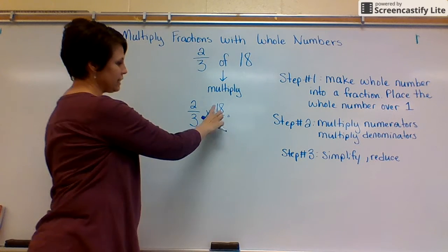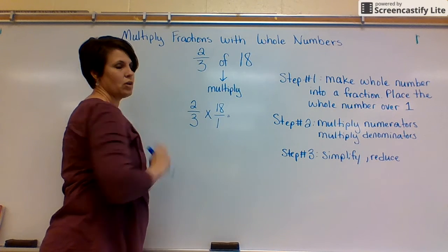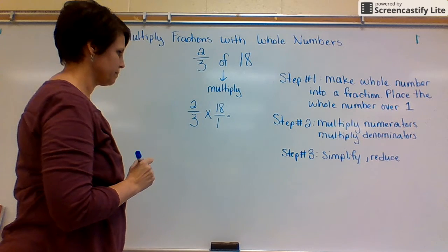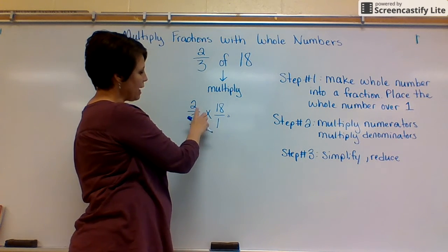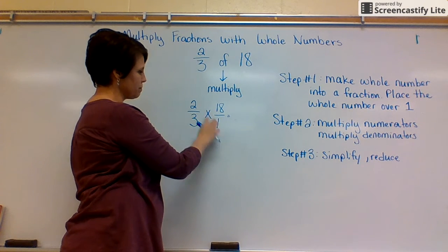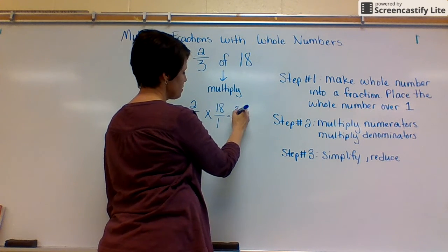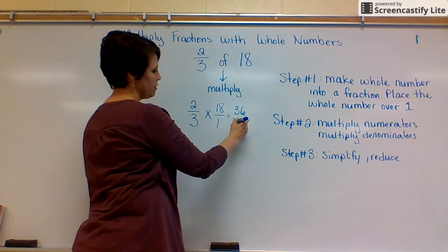Remember that when 18 is reduced, 1 goes into 18 18 times, so that means 18 over 1 is equivalent to 18. Step number 2, we multiply our numerators, and then we multiply our denominators. 2 times 18 is 36, and 3 times 1 is 3.